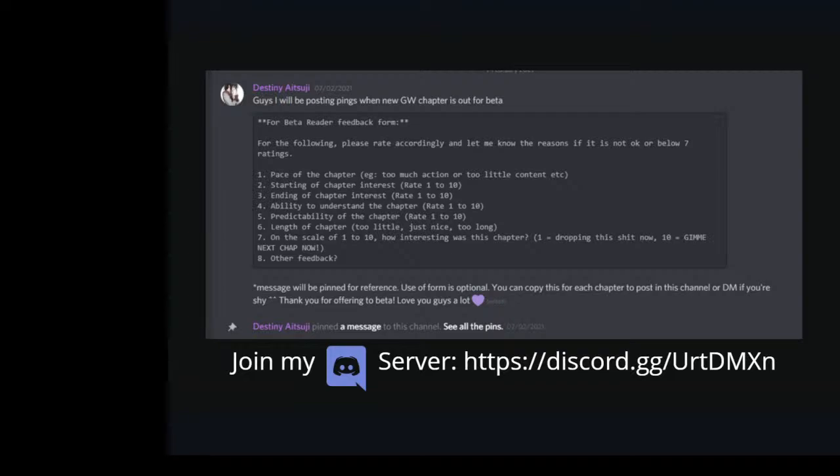Right, so in the other feedback section, some beta readers would put NA, or like, oh, it was great, and then they leave little compliments for the author. That's fine. But on the other hand, I have beta readers who are very helpful. The most interesting section of this entire beta reading format is number 8, which is other feedback.